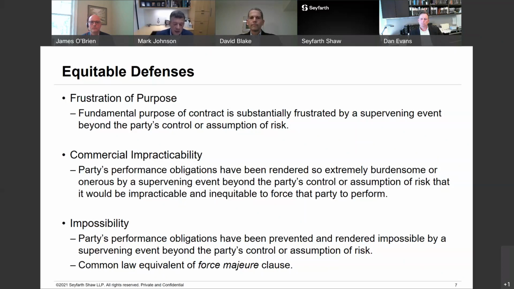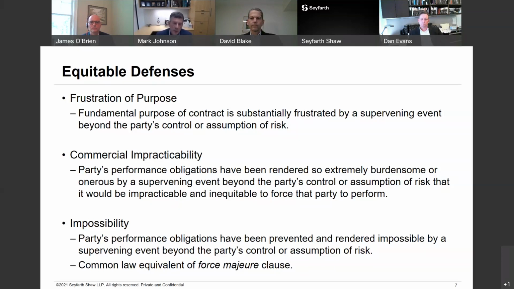Now, bear in mind that these are equitable doctrines. So judges are asked to look at things like fairness and public policy, the white hat or black hat, as it were, of the parties to the lawsuit, who's acting reasonably, who's acting unfairly, who's trying to recover too much, et cetera.